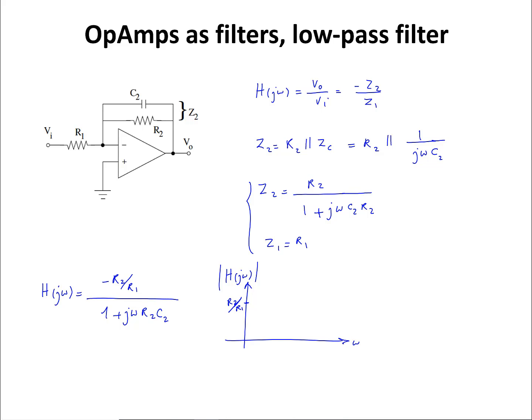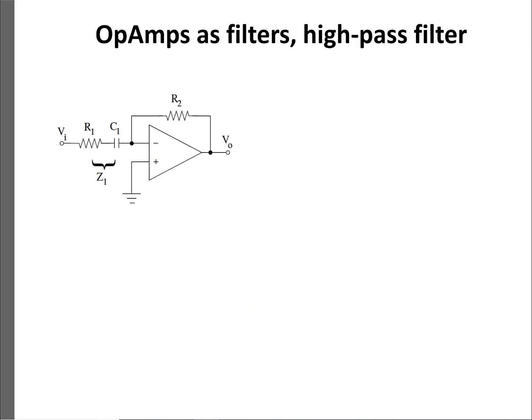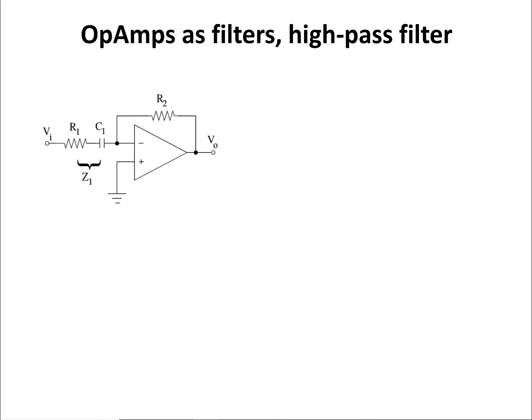And as omega goes to infinity, the magnitude of H of j omega is going to go to 0. So it's going to operate like this. This is the magnitude plot of a low-pass filter. This filter is going to pass the input signals with low frequencies, and it's going to attenuate the signals with high frequencies.